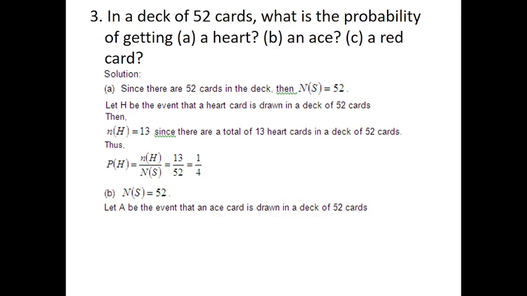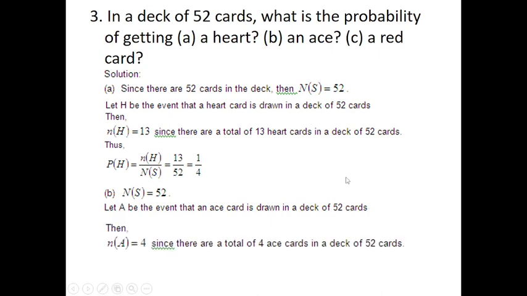So let A be the event that an ace card is drawn in a deck of 52 cards. No? So then the number of outcomes for event A is 4. So bakit 4? Because there are 4 ace cards, no? In a deck of 52 cards. Diba? A na heart, ano pa?